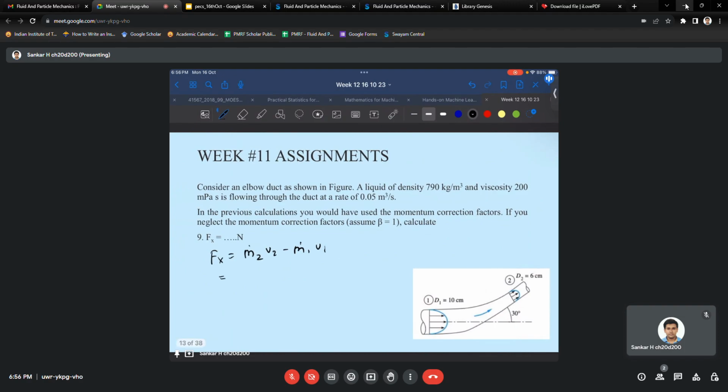So this would come out to be rho A2 V2 square minus rho A1 V1 square. Sorry, again here I keep forgetting to add that cosine 30.